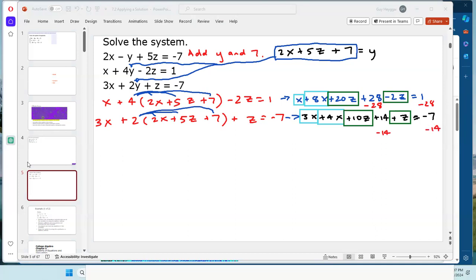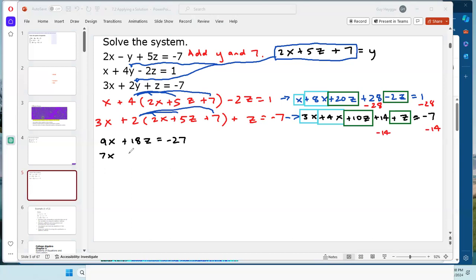And the system, our new system then is 9x plus 18z equals -27. Now, you look at that and you're like, all those are multiples of 9. So what's going on here? Could be something tricky on the part of the question writer. 7x plus 11z.